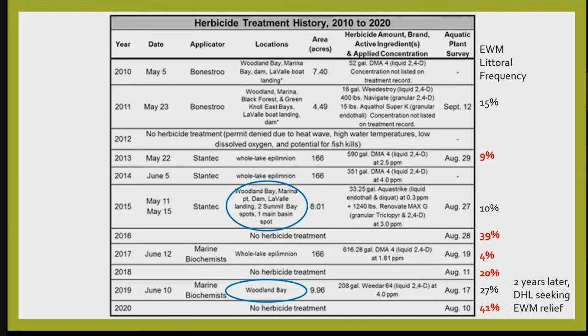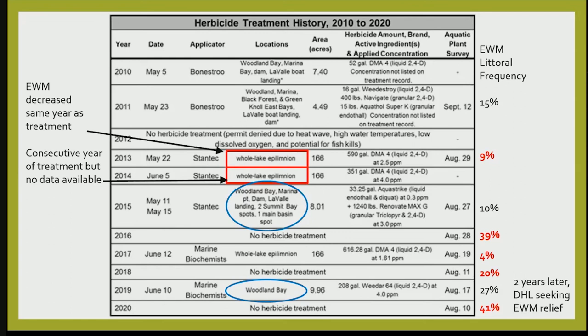So let me point out a few herbicide treatments. Highlighted here, you see the herbicide treatment that was done on a whole lake scale in 2013. If you look to the right along that row, when the survey was done, there was 9% milfoil occurrence in 2013, so good control that same year of treatment.